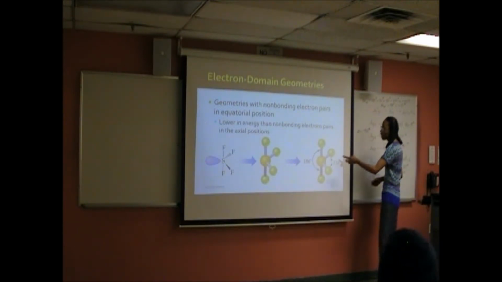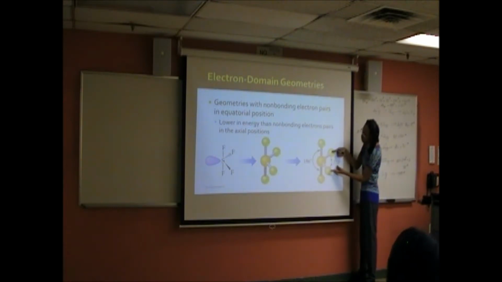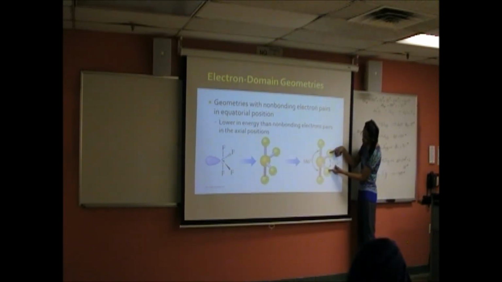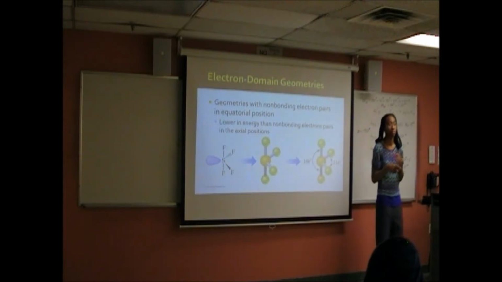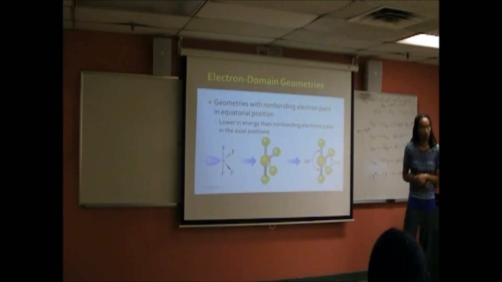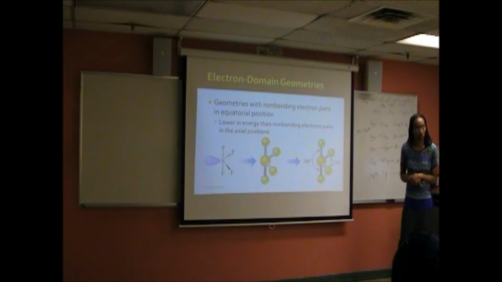So now if we look here, we see the two equatorial positions have a bond angle of 116, and the one that looks like a linear has a bond angle of 186. Can we explain why? Because the 116 is pushing closer together, opening up the 180.